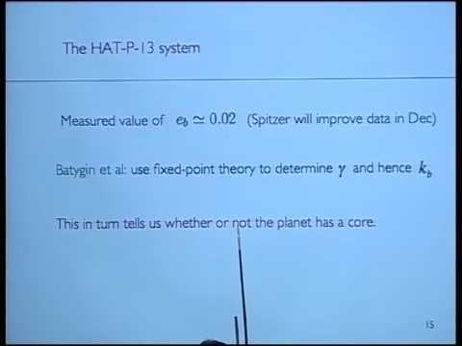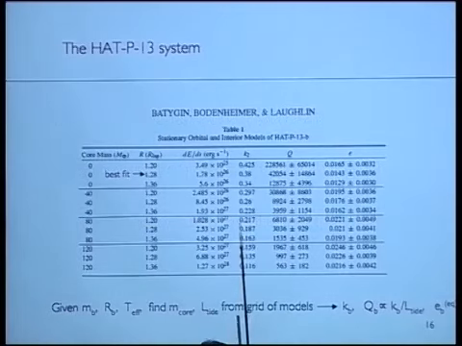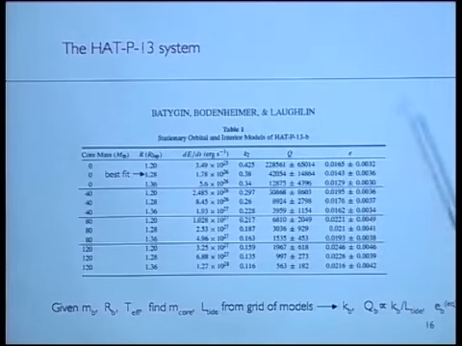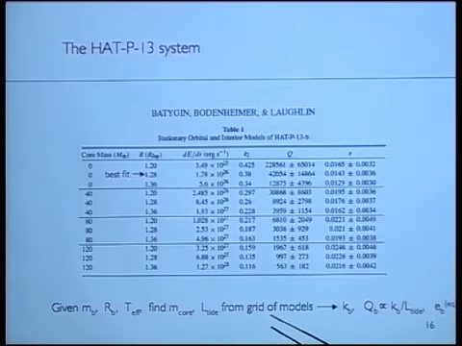Okay, so the thing is, these guys, Batygin, Bodenheimer and Laughlin, want to be able to say something about whether this planet has a core or not. So the way they go about that is they make a grid of models. They vary the core mass and what they call the tidal luminosity, the rate at which energy is deposited into the planet.